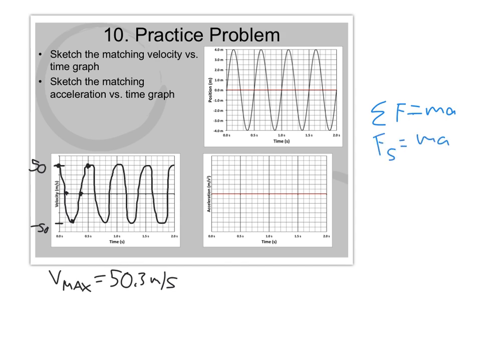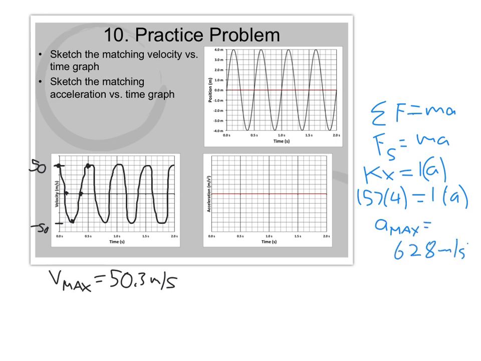I already found that, and so I can just take that 157, which is my k, times my maximum displacement, and use that to solve for my acceleration. And so I'm going to find that my maximum acceleration, which again is just going to be used to frame this, is 628 meters per second squared.